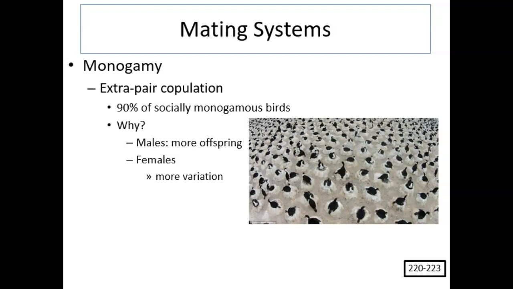All the rest of the females are going to have to settle for somebody who's not as good. However, if those females then engage in extra pair copulation, they might have that chance of getting a higher quality male to be the parent of their offspring, despite the fact that they're bonded with a male that is maybe not as good. We can actually see some evidence for this in some studies that have been done.